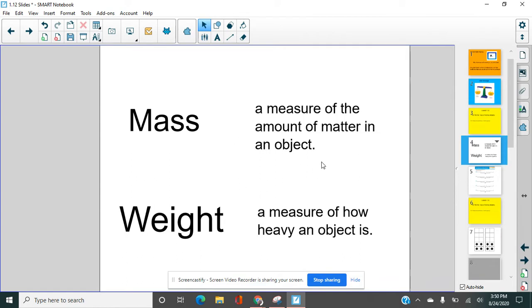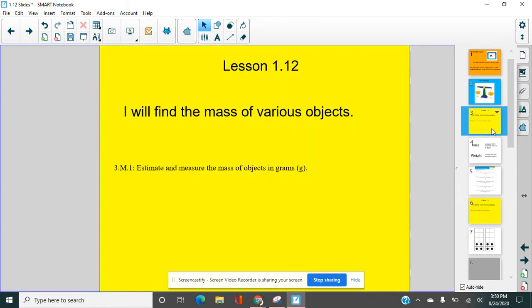But for our third grade purposes, these are going to be very, very similar, and so we're going to kind of use them interchangeably. Just know that once you grow older, people will talk about mass and weight a little bit differently. Because our goal today is to be able to find the mass, right? How much mass, how heavy something is, of various objects. And you can see that estimating and measuring this is part of our third grade standards here.